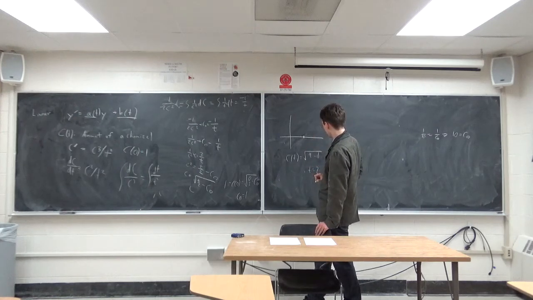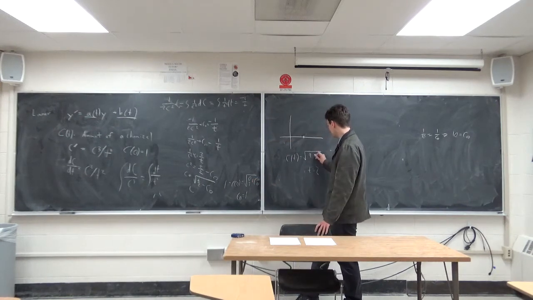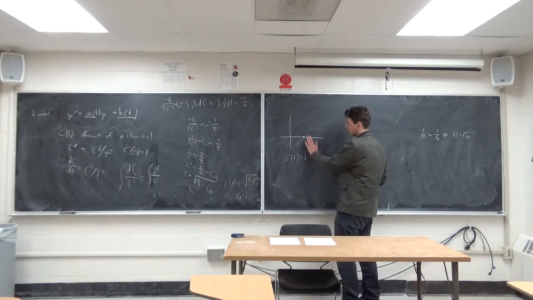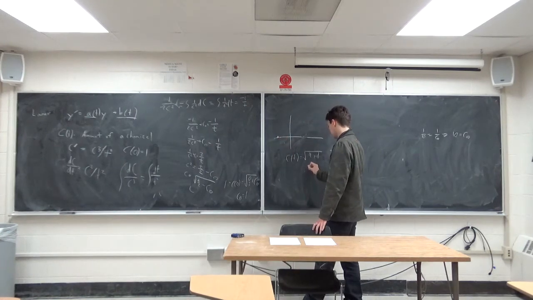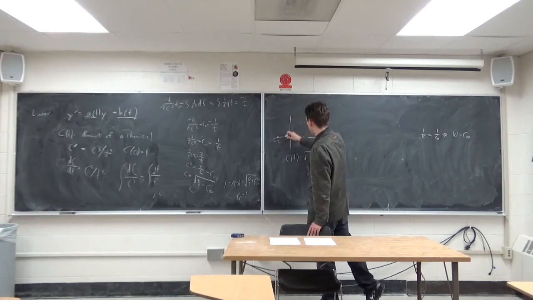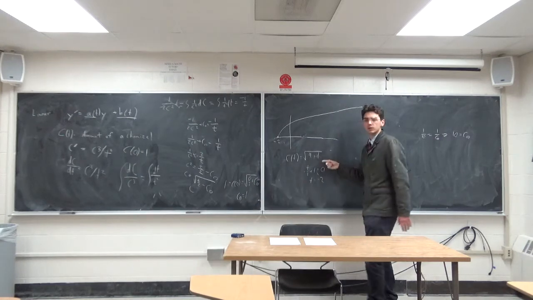Oh, this should be plus. Okay, so he starts off at a negative value over here. He starts off when t over 2 plus 1 equals 0, that's t equals negative 2. So he starts off at negative 2, and then he increases like this, with this square root speed.